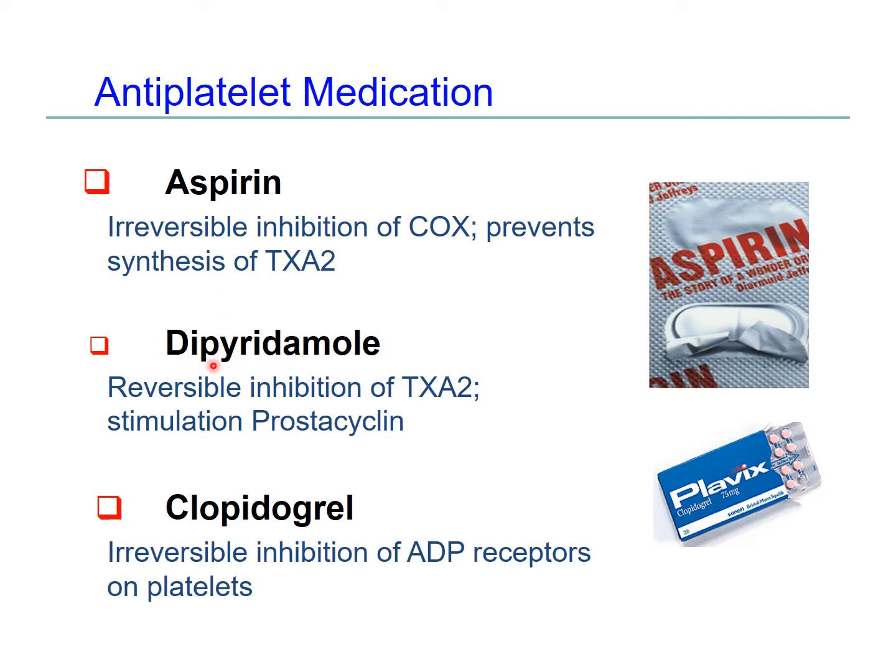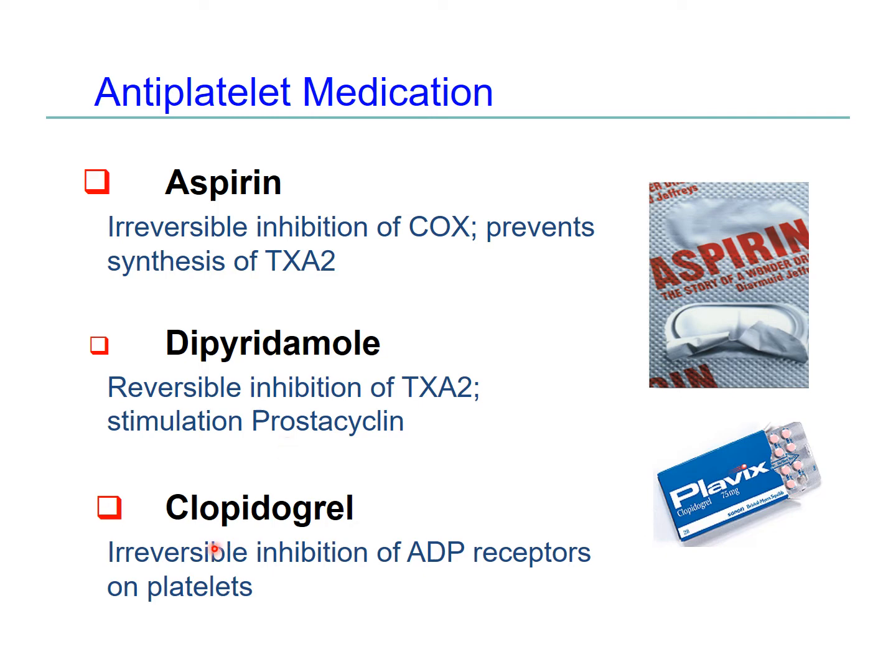Dipyridamole is a reversible antiplatelet medication. It also inhibits thromboxane A2 like aspirin, but also stimulates prostacyclin, which has antiplatelet properties.